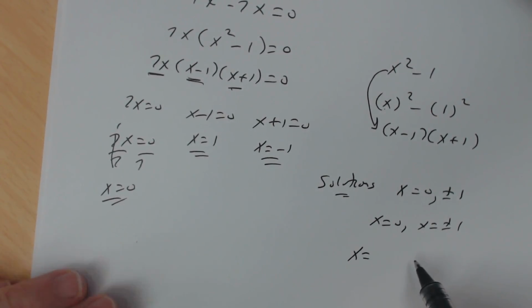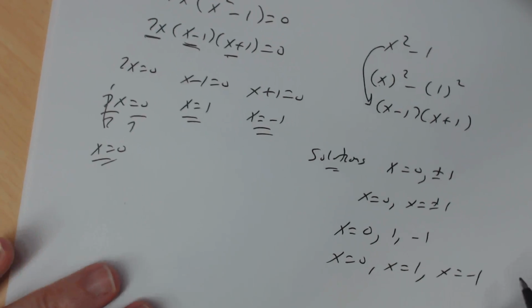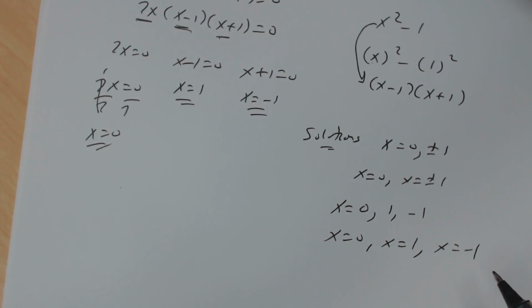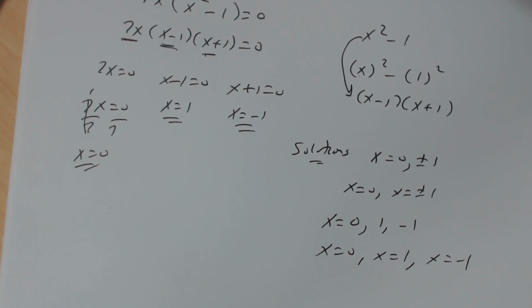But it's okay to just say x equals 0, 1, negative 1, or x equals 0, x equals 1, x equals negative 1. In MyMathLab, it depends on how they want you to write it. I think they want you to write it like this: x equals 0, comma, 1, comma, negative 1. Okay? All right, so that will end that lesson.